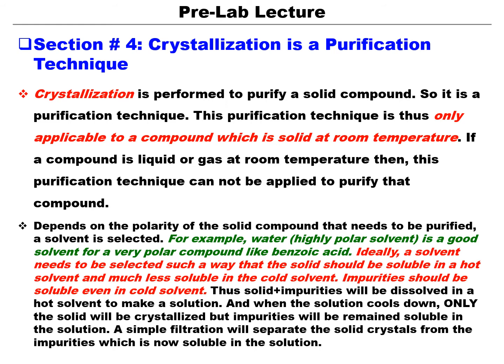You add your solid substance, the impurity, and you add some amount of the chosen solvent. If the solvent dissolves that substance at room temperature, it's not regarded as a suitable solvent.